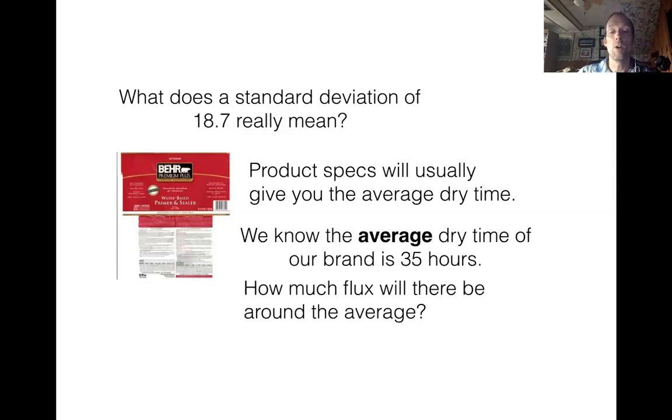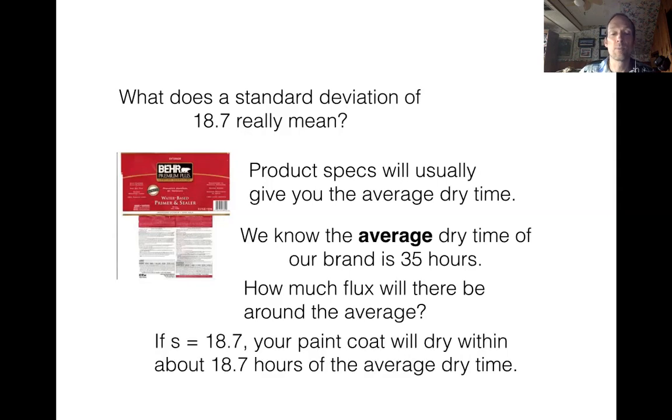And we would say, well, no, not really, because an average means there's going to be a little bit of fluctuation, a little bit of give and take. So exactly how much fluctuation would there be around the average? And the answer is exactly 18.7 hours. So if the average paint time to dry is 35 hours, we can expect that our paint will dry within about 18.7 hours of the average.